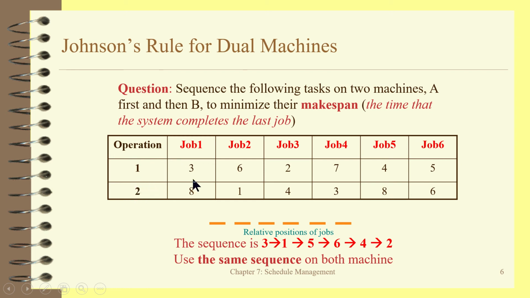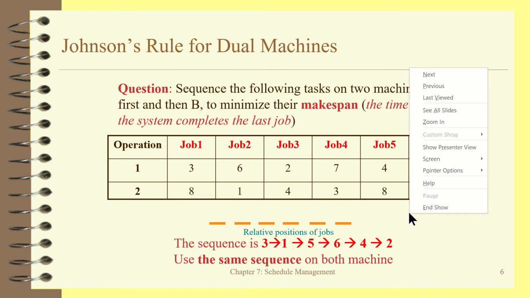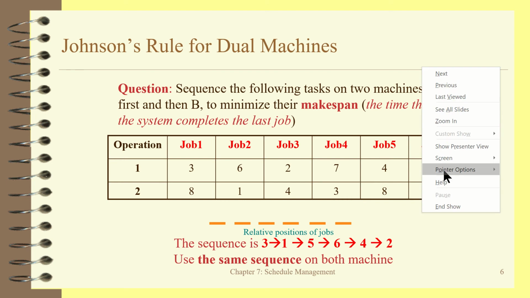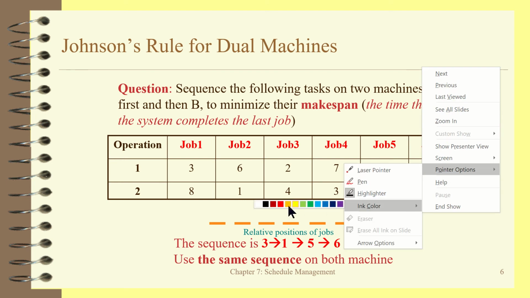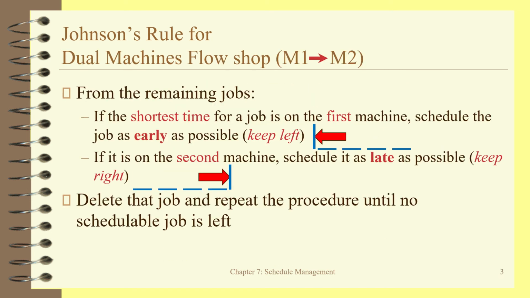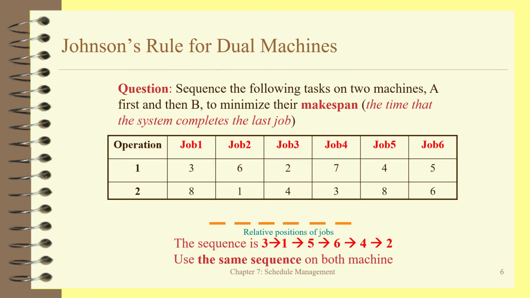Because we have 6 jobs, we have 6 different positions to fill the jobs in. Now let me change the pointer color to red. According to Johnson's rule, first you need to find the shortest time of the remaining jobs.